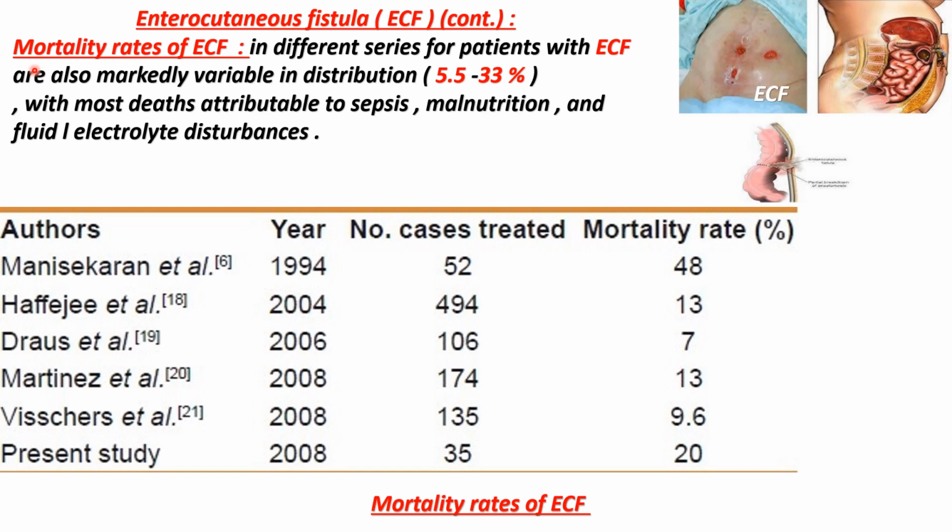Now I will talk about mortality rates of enterocutaneous fistula. In different series, mortality rates for patients with enterocutaneous fistula are markedly variable, between 5.5 and 33%, with most deaths attributable to sepsis, malnutrition, and fluid and electrolyte disturbances.